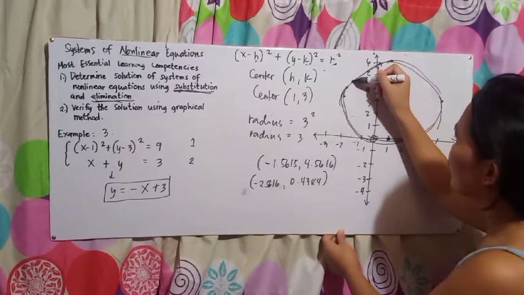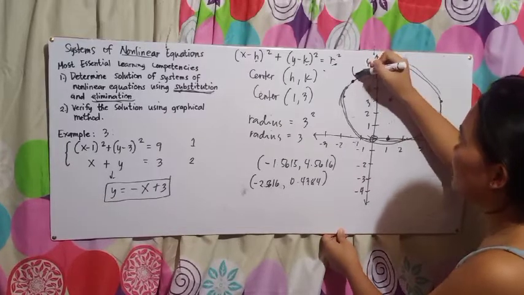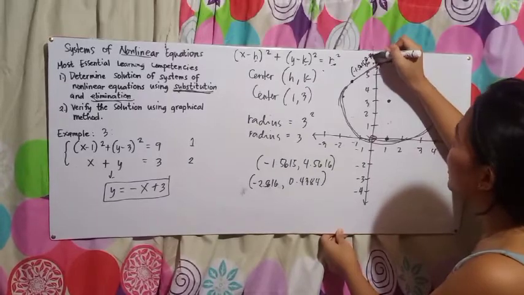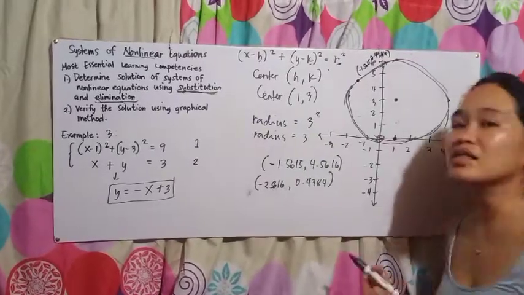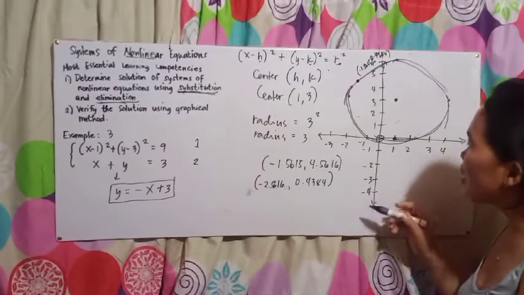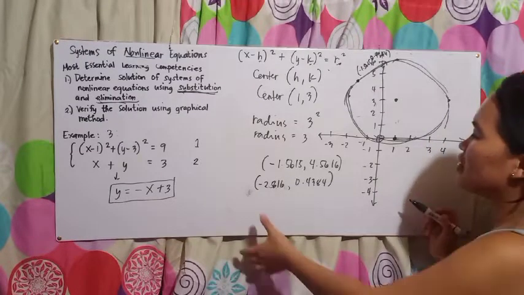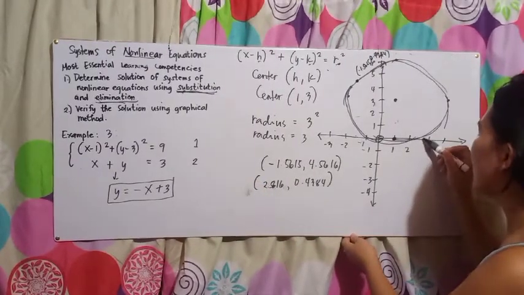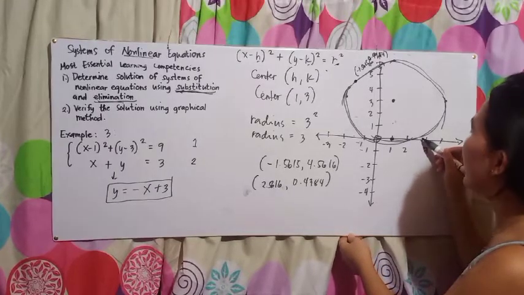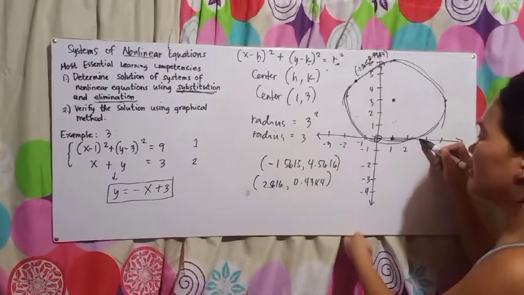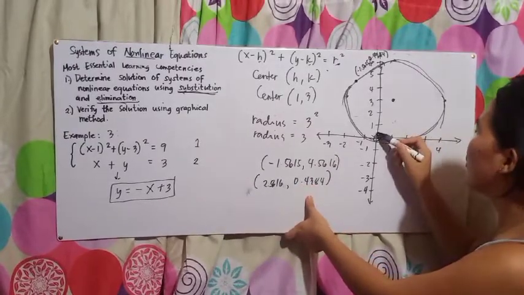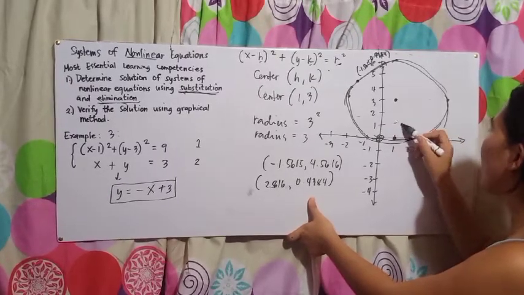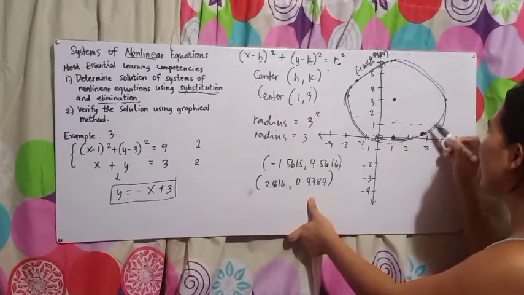So, mao ni ang ordered pair na negative 1.5615, 4.5615. Then, ang isa, 2.5616, positive, so diri. Ang y is 0.4384, so mga diri lang, dili kaabot sa 1, mga diri lang siya banda.